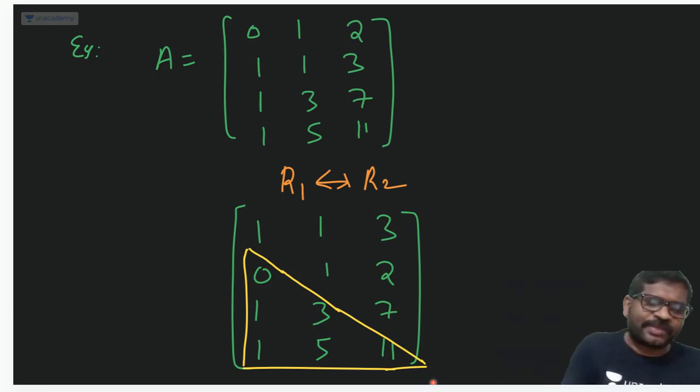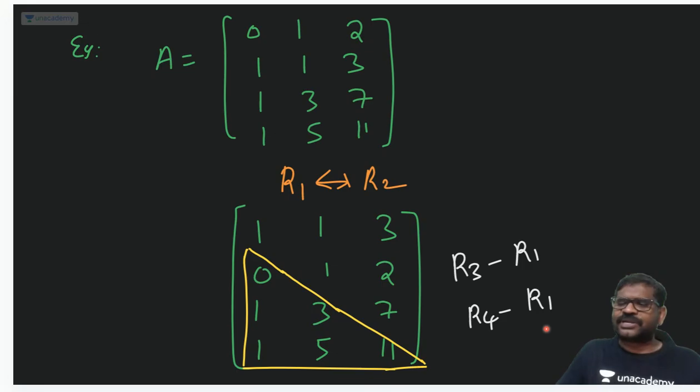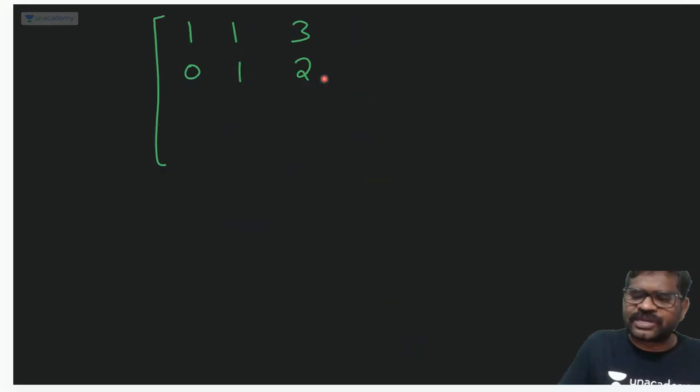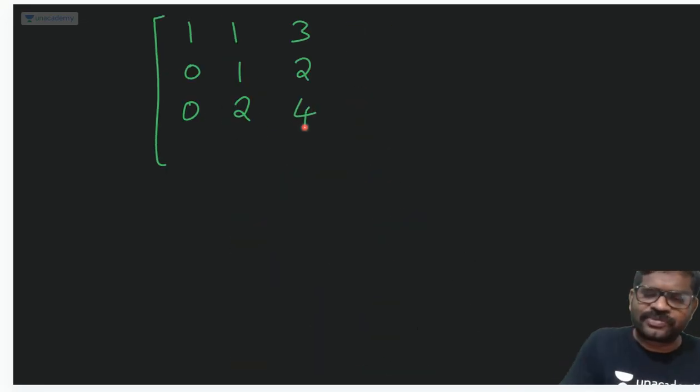No. Apply the operations R3 minus R1, R4 minus R1. 1 minus 1 is 0, 3 minus 1 is 2, 7 minus 3 is 4, 1 minus 1 is 0, 5 minus 1 is 4, 11 minus 3 is 8.